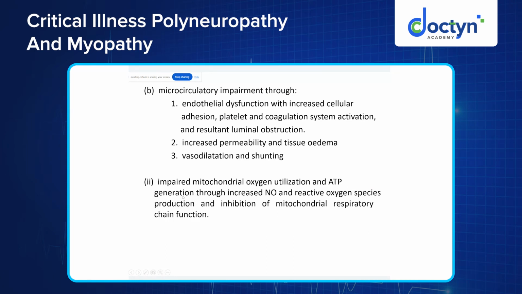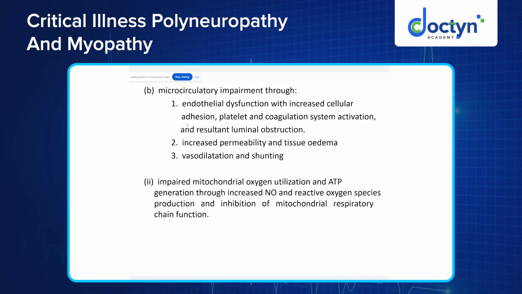The second is microcirculatory impairment. Why? Again, because of increased permeability, tissue edema, vasodilatation leading to shunting, and endothelial dysfunction with increased cellular adhesion molecules, platelet and coagulation system activation, resulting in blockage of the lumen. Because of more coagulation and more deposition of platelets, there is luminal obstruction that leads to microcirculatory impairment.